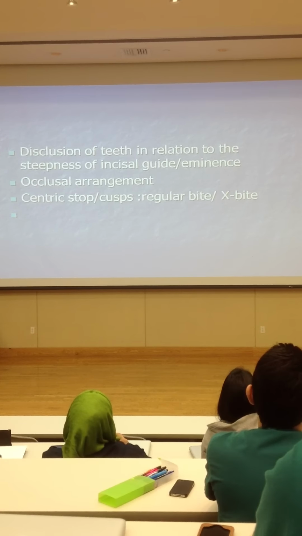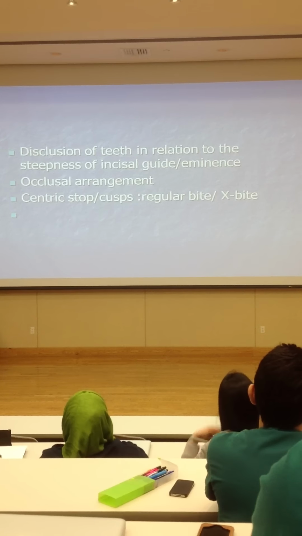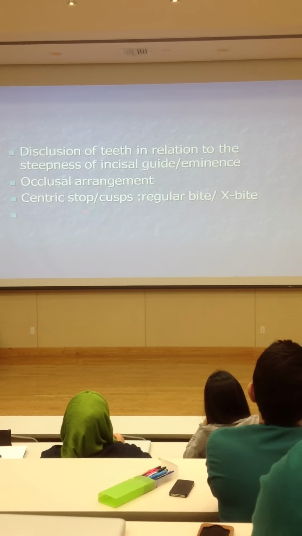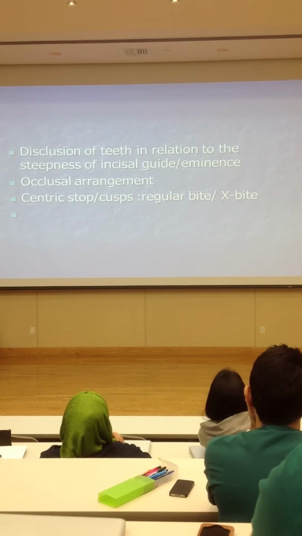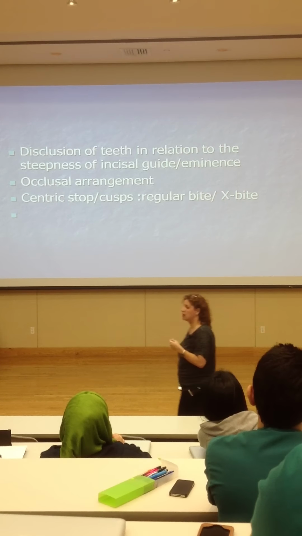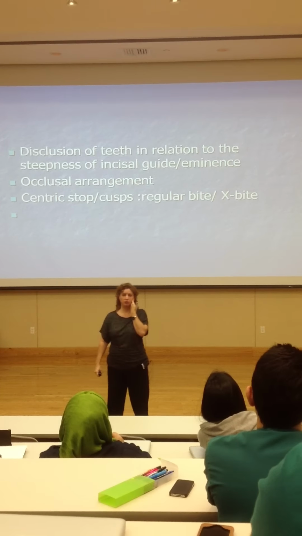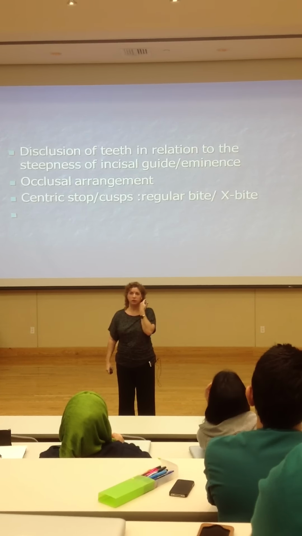Okay. We talked about the terms centric stops, working cusps. They have all kinds of names. You need to remember that there's a difference between which cusps are functioning in normal occlusion versus in crossbite. For example, if we have a posterior left crossbite. Okay, think about it.